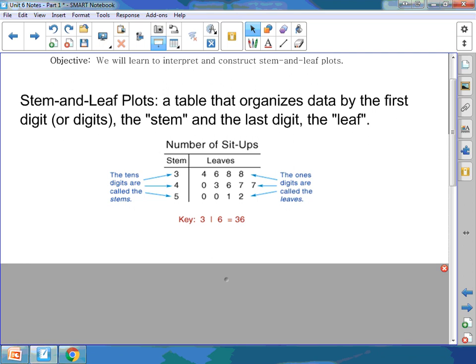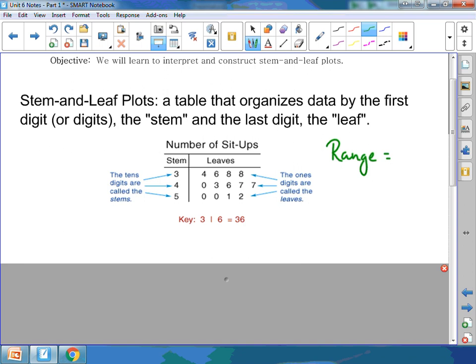For instance, one question I might ask you is, what is the range of data in this class? So the PE teacher is saying, okay, what's the largest or the most amount of sit-ups versus the least amount of sit-ups. What was the maximum number of sit-ups done in this particular class?